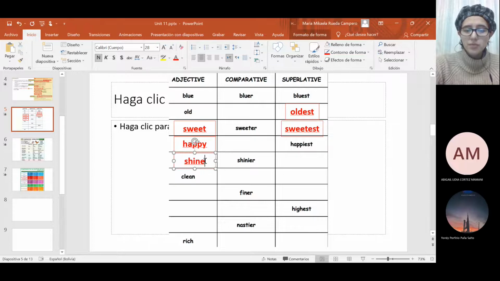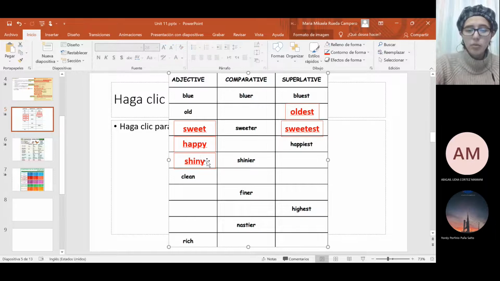But the adjective, if we have here I, va a terminar en... For the adjective, it's shiny.